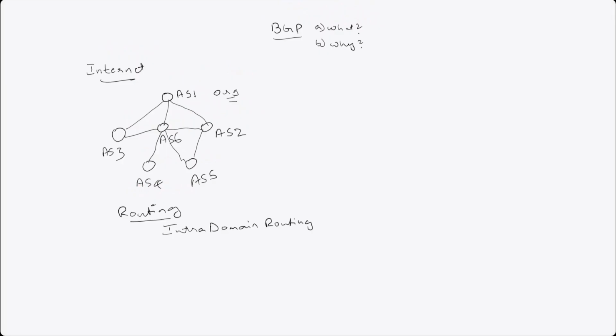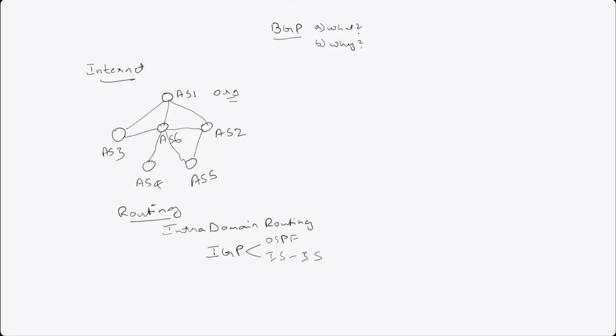The protocol we use to route within an independent network, within an autonomous system, is called an interior gateway protocol. A couple of the most common, popular interior gateway protocols a lot of organizations use today are OSPF and ISIS, right? In fact, you could come up with your own interior gateway protocol if you wish to.